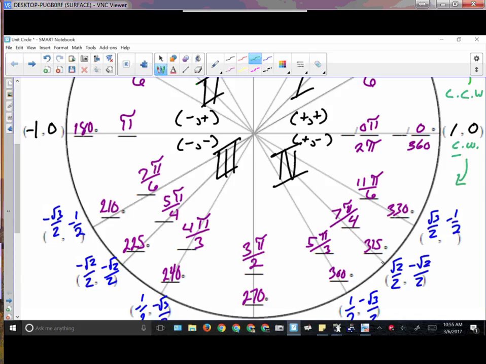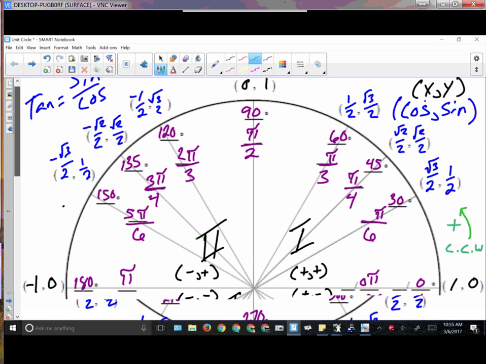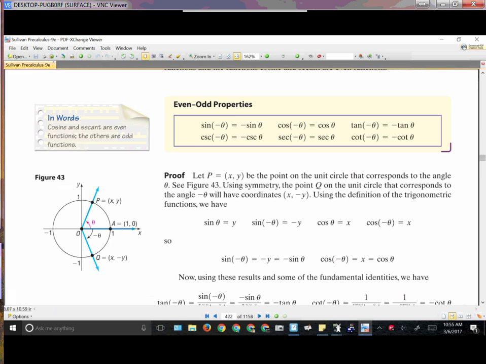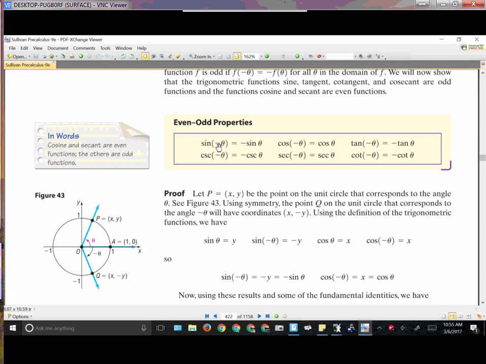So the sine turns out to be negative square root 2 over 2. Well, what's the sine of 45 degrees? Square root 2 over 2. But you put a negative in front of it, and you get right to what we're talking about. Negative theta and negative of the theta.